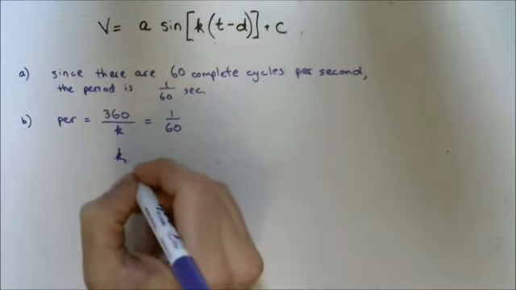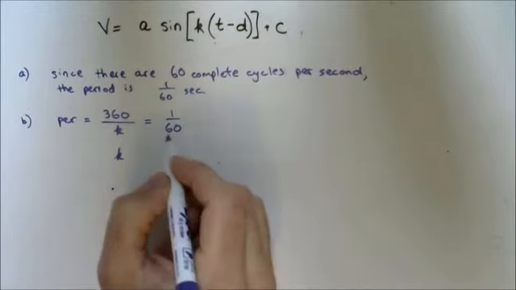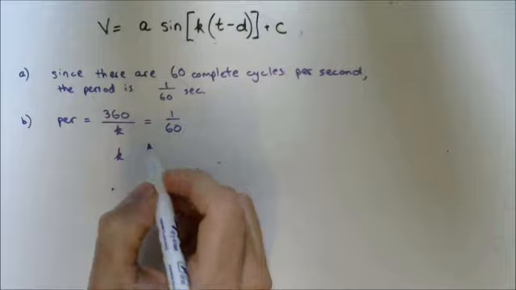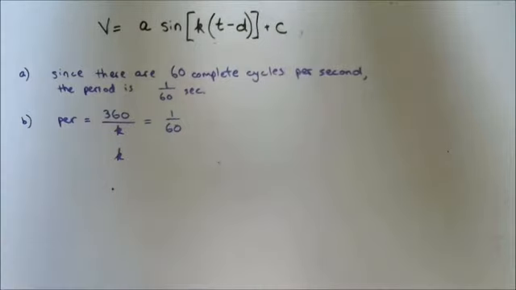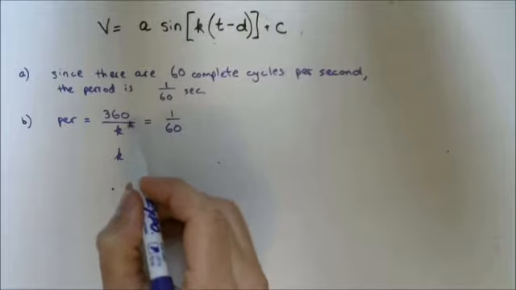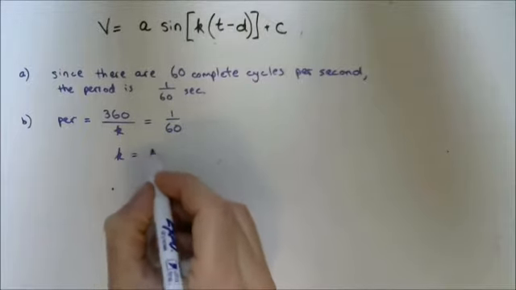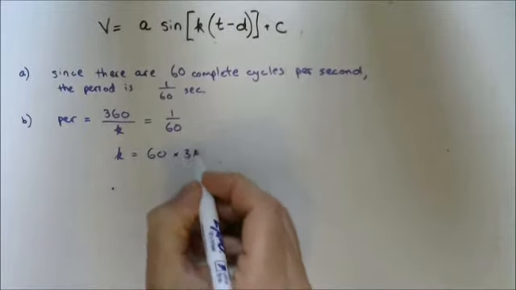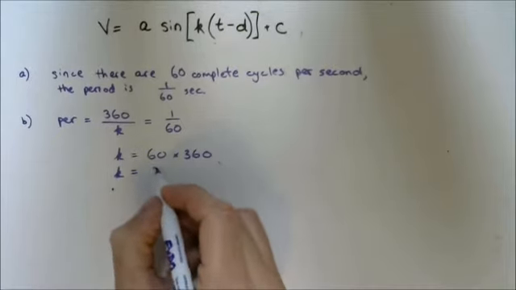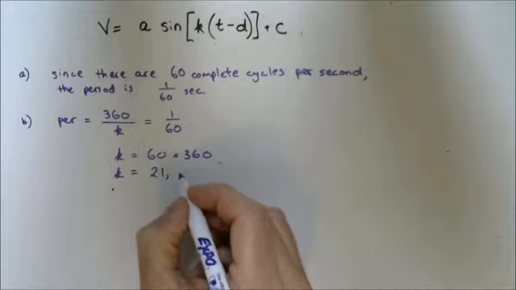I can write that algebraically. We can multiply both sides by K, and then divide both sides by 1/60th, or we can cross multiply. You get 1K equals 360 times 60. So K is equal to 21,600.